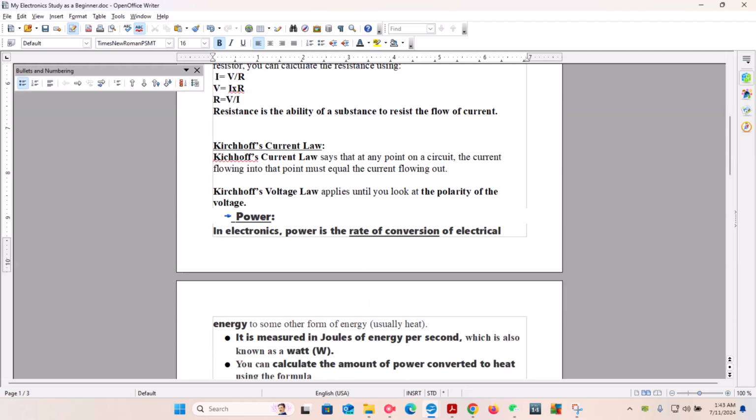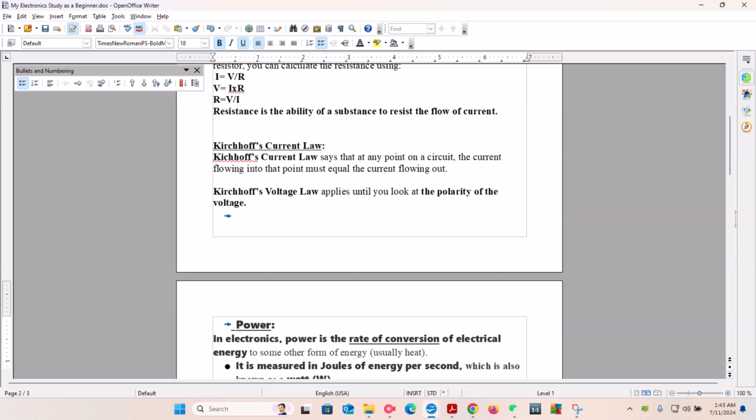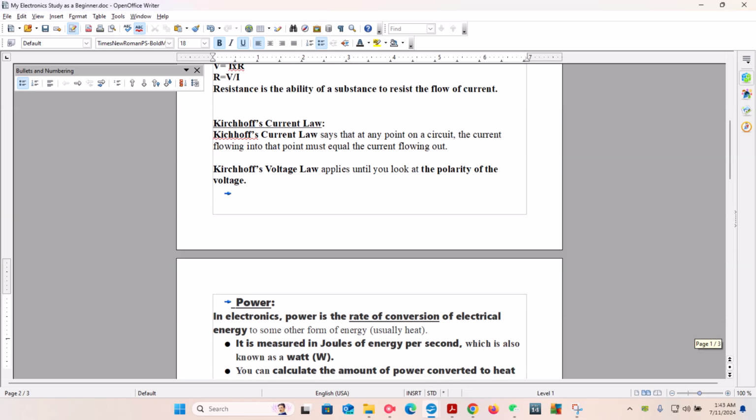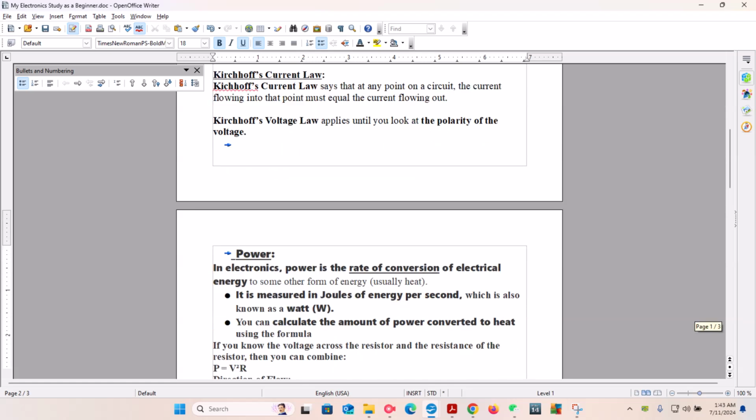Okay, now let's talk about power. Power in electronics is the rate of conversion of electrical energy to some other form of energy, usually heat. So the byproduct is heat. It is measured in joules of energy per second, which is also known as a watt.